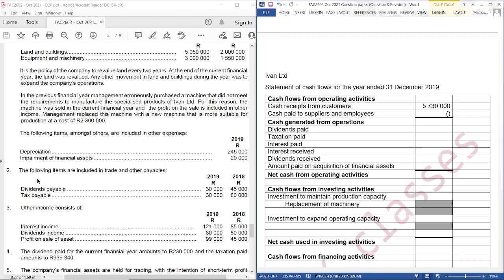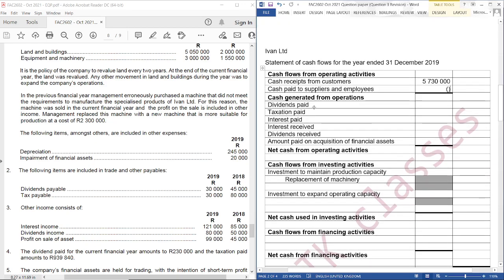So these two items should be shown separately on the face of the statement of cash flows, which means that they are not going to be part of cash paid to suppliers and employees.